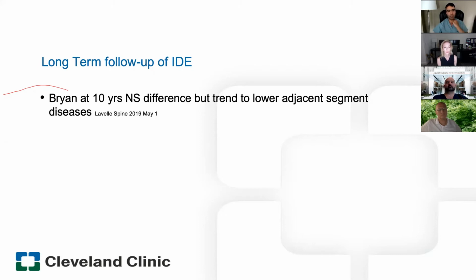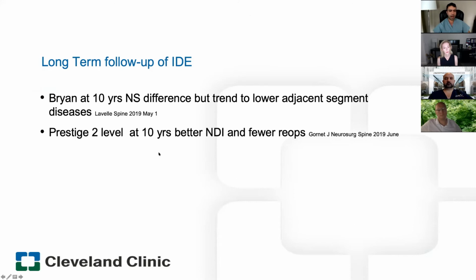Okay. So in terms of long-term follow-up, some of the studies have come out recently. Looking at the Bryan disc, at 10 years, there was no significant difference, but there was a trend to lower adjacent segment disease. At 2 levels, with the Prestige disc, with 2-level arthroplasty at 10 years, there's a better neck disability index and fewer reoperations.